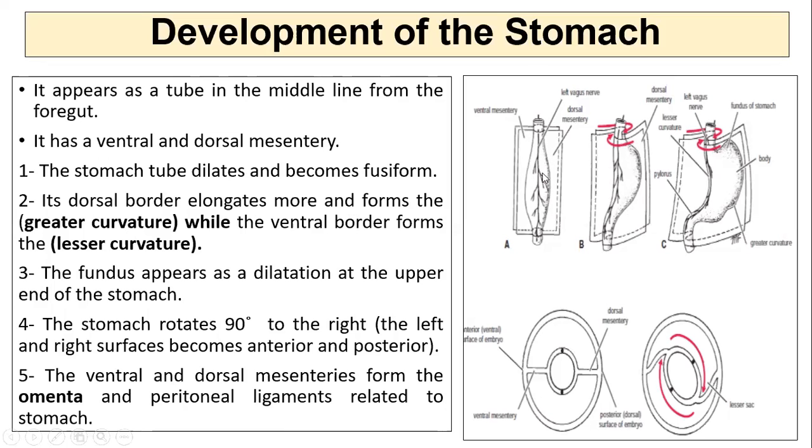So initially both will be the same, but later the dorsal border develops much faster to form the greater curvature, while the ventral border forms the lesser curvature. The ventral or the anterior border remains the same, so this becomes the lesser, shorter. So this grows more, that's why it's called greater, because it becomes bigger.